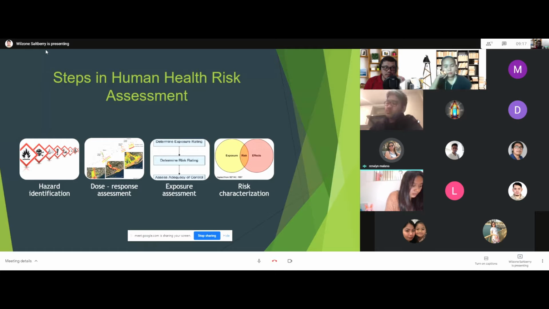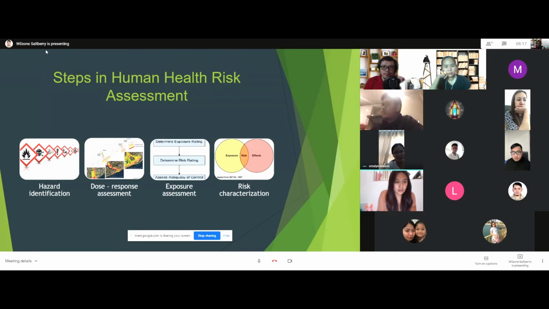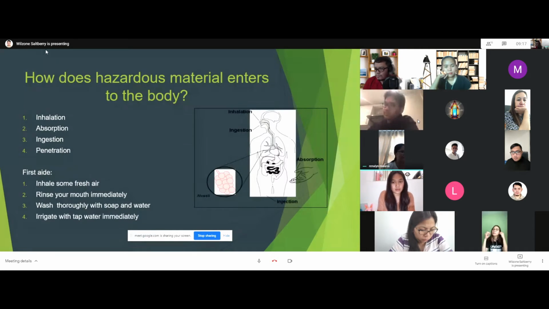Next is the exposure assessment. We should determine the rate and the risk of the hazardous materials. And then fourth is the risk characterization. Next slide.